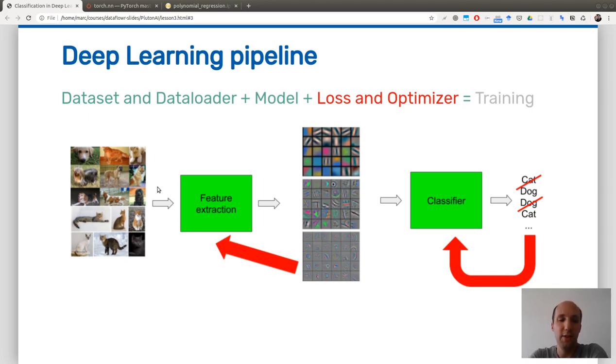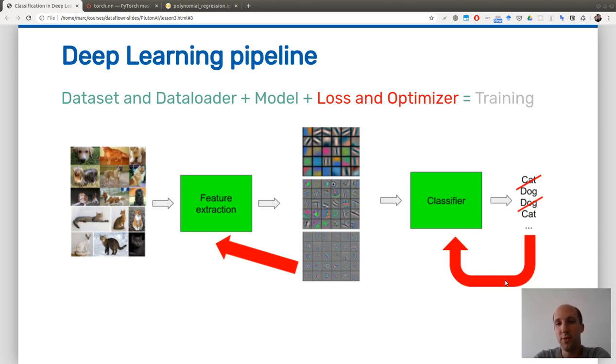So here is again a picture of the full deep learning pipeline. Last time what we saw corresponds to these red arrows. We saw that PyTorch allows us to do automatic differentiation, so to compute gradient of the loss with respect to the parameters.